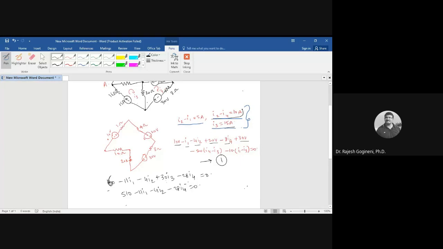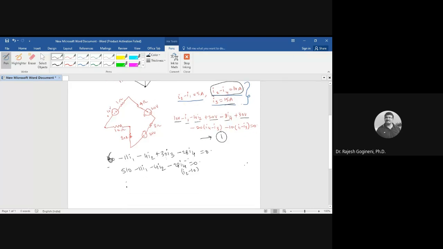From this equation, I2 minus I4 equals 10 amperes, so I4 is I2 minus 10. So 510 minus 11 I1 minus 4 I2 minus 28 I2 plus 280. 510 plus 280, 790 minus 11 I1 minus 32 I2 equals 0.